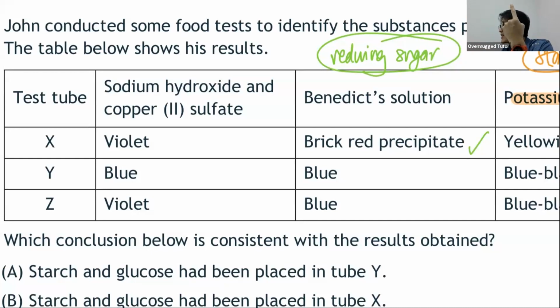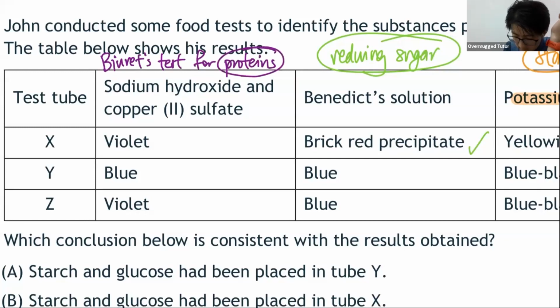Ethanol emulsion test for fats means obviously you have to add ethanol. You've got to add ethanol if you want to test for fat. So this has to be the ethanol. Biuret's test is for proteins.